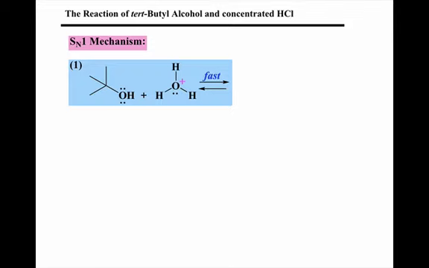How would I draw the mechanism arrows in that particular step? What's my Lewis base and what's my Lewis acid? Where would I start?